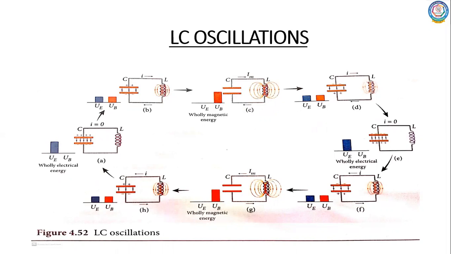Now we know that energy can be stored both in an inductor as well as a capacitor. In inductors, we store the energy in the form of a magnetic field, which is given by the equation UB is equal to Li square by 2. This is stored as magnetic energy in inductors.